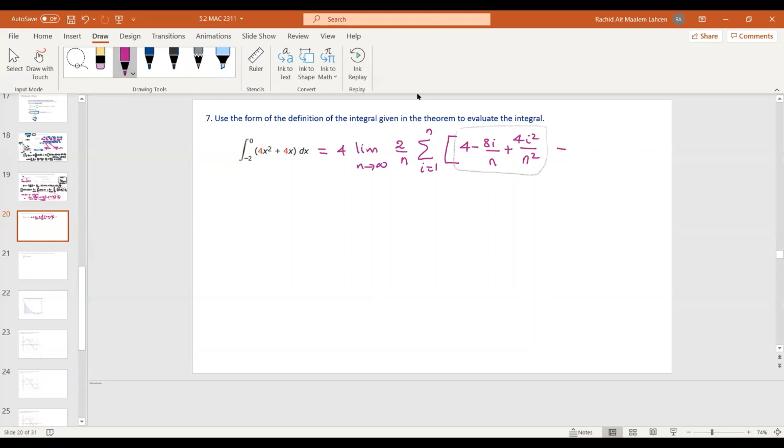Then the other part, removing the parentheses, is going to be this part. Then let's simplify. And I need the limit as n goes to infinity, and we have a 2 over n times 4i squared over n squared minus 6i over n plus 2.